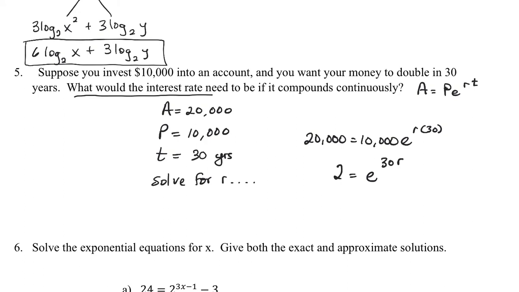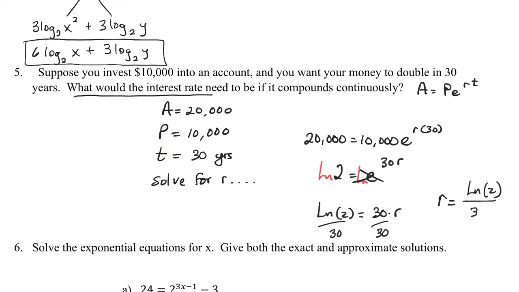Now we can use natural log on both sides. Natural log cancels the base e. So we have the natural log of 2 equals 30 times r. If we divide by 30, then we have r is equal to the natural log of 2 divided by 30. And this is where you would get your calculator out.